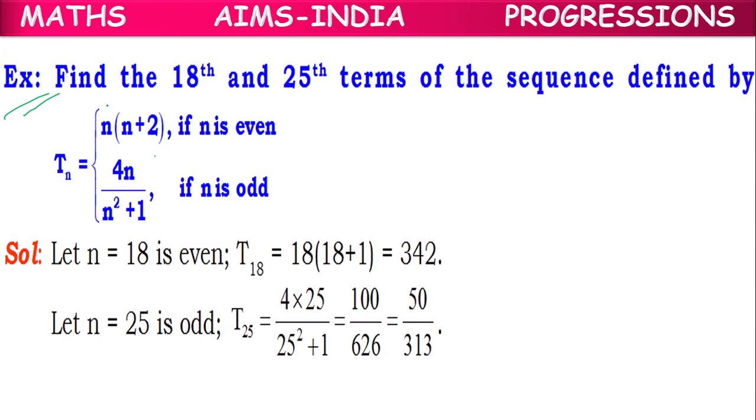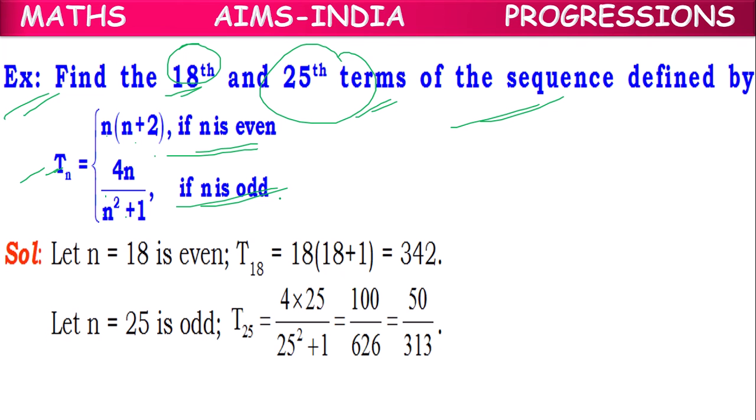Next example: find the 18th term and 25th term of the sequence defined by Tn equals n into n plus 1 if n is even, and 4n by n square plus 1 if n is odd. What is Tn here?